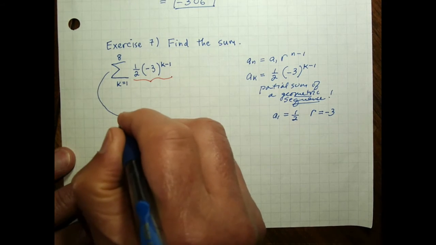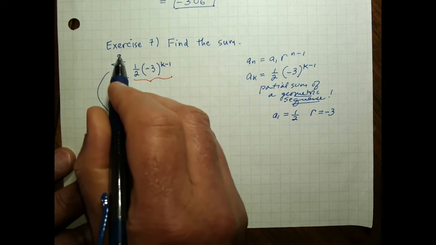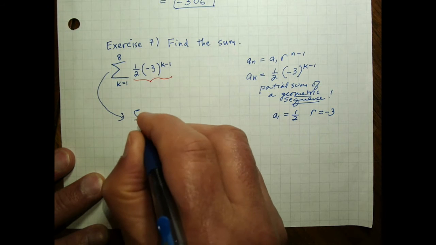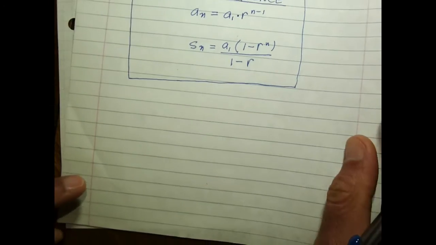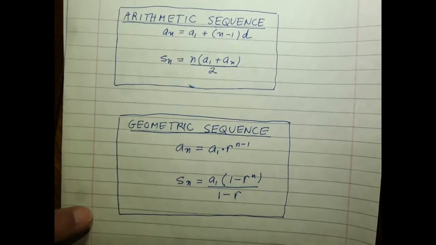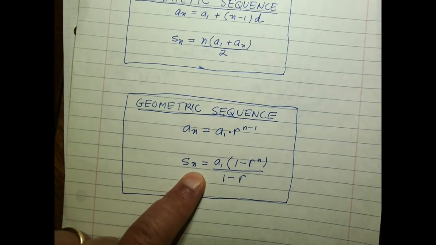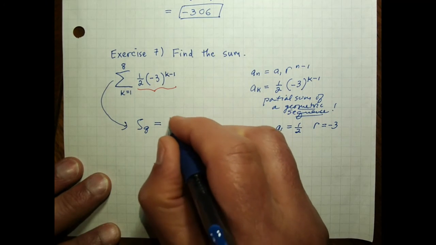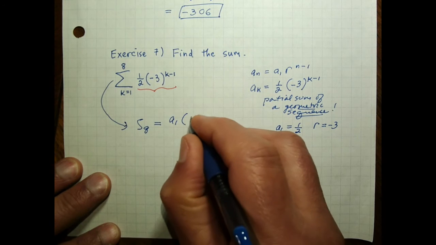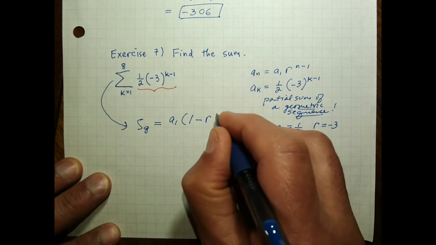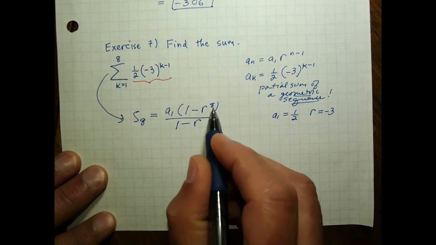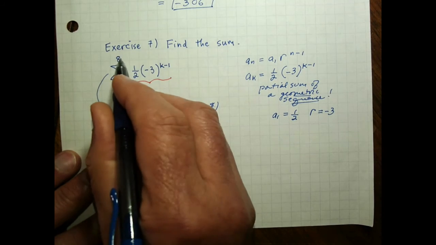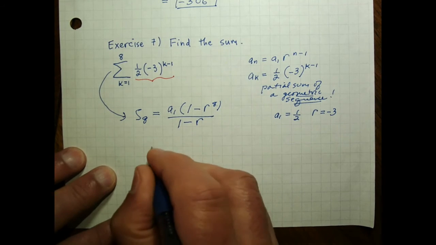And since we want a sum from k equals 1 to 8, we want S8. And we're in a geometric sequence situation, so we're going to use our sum formula for geometric sequences. So this is equal to a1 times 1 minus r to the 8 over 1 minus r. The 8, because we're finding the sum of the first 8 terms.